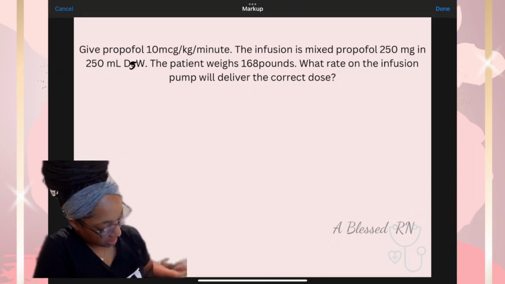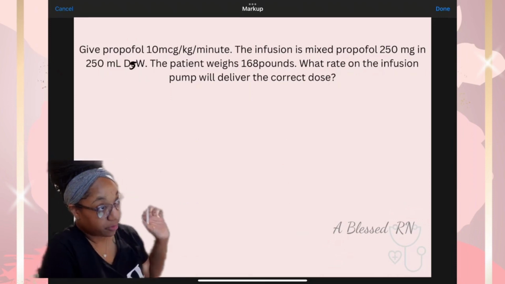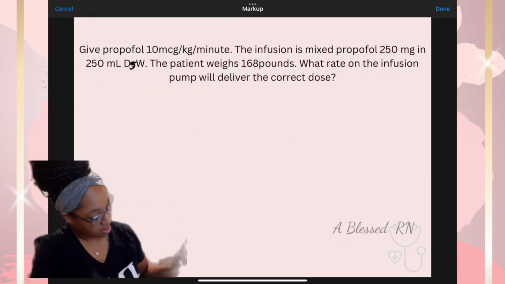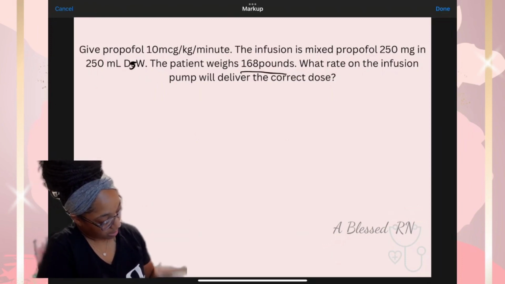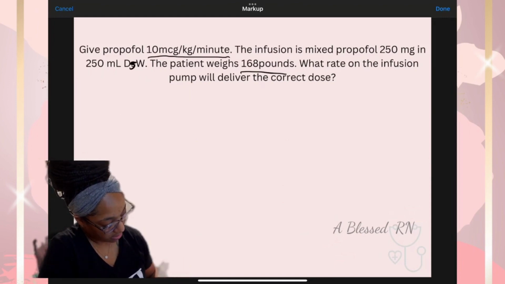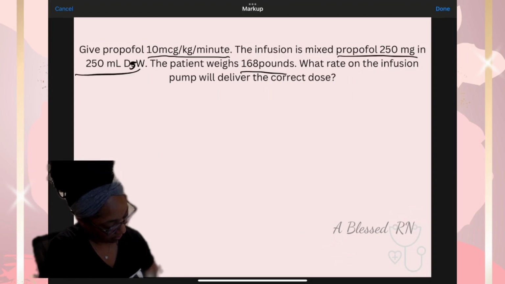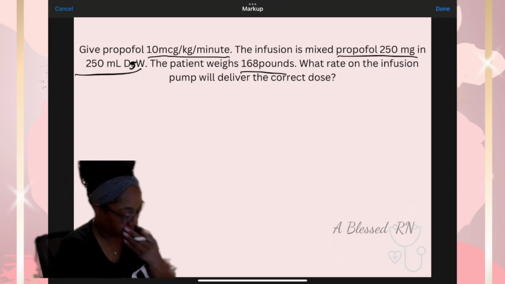All right. So PPP, remember, not the loan, but patient, prescription, product. Patient weighs 168 pounds. The product is this, and then patient, product, and prescription. All right, that's how much we have.